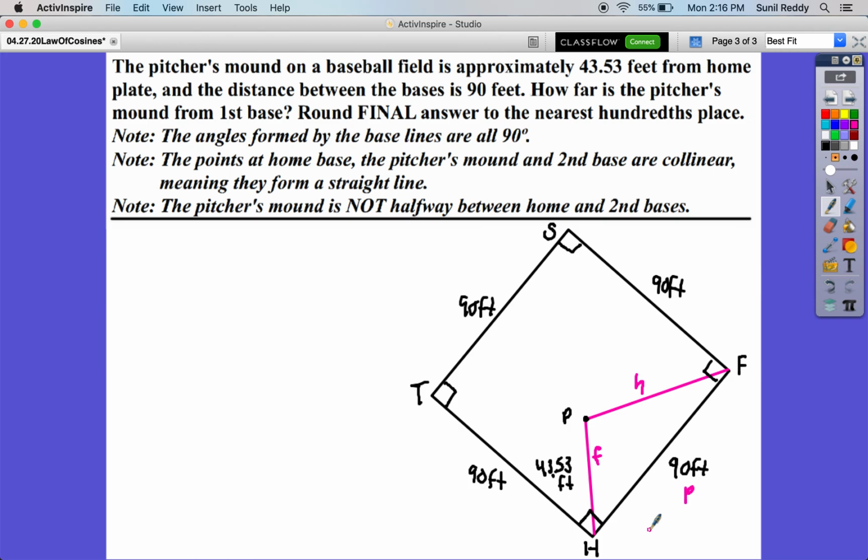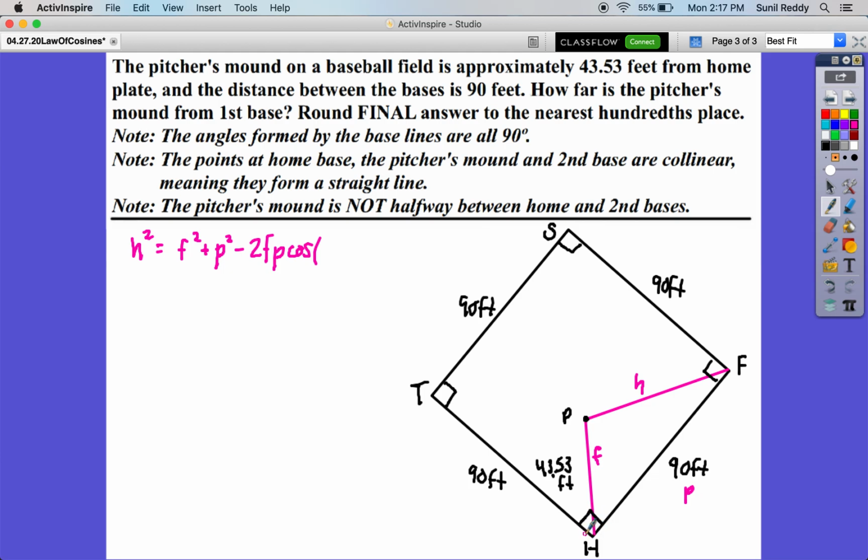So now if I'm looking for little h, what I'm going to do is use little h squared should equal little f squared plus little p squared minus 2 times little f times little p times the cosine of the angle opposite little h, which is angle H.